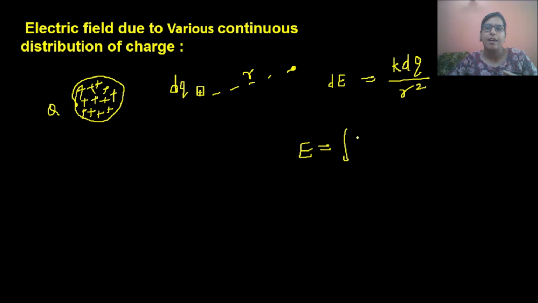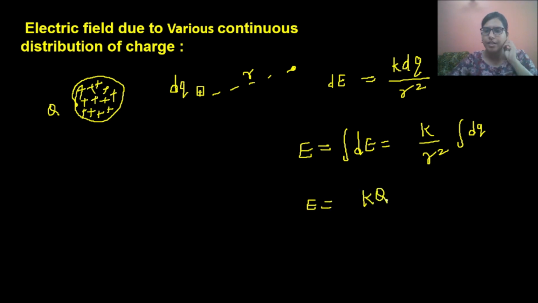So E will be the integration of dE, and that will be k upon r square integration of dq. Integration of dq will be total charge, right? So that is kQ upon r square, when Q is not related to r. Q is an independent quantity.